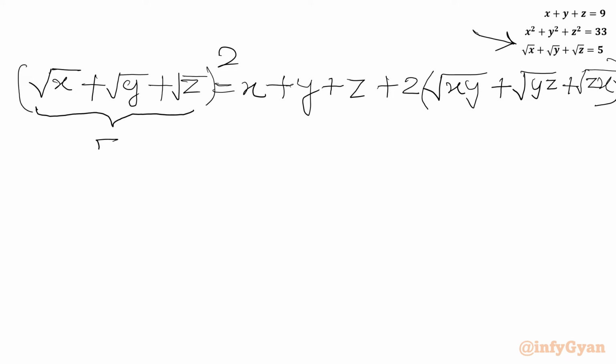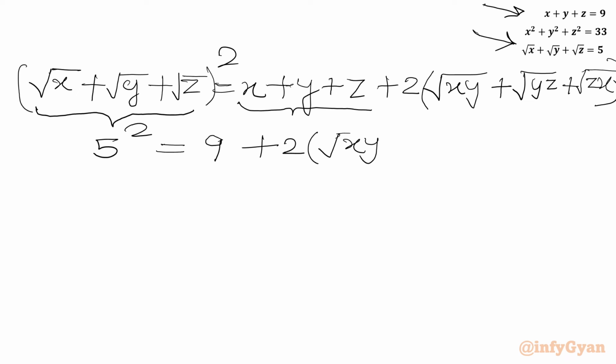We can write here 5² equal to x + y + z, our equation number 1, we will write here 9 plus 2 times (√xy + √yz + √zx).